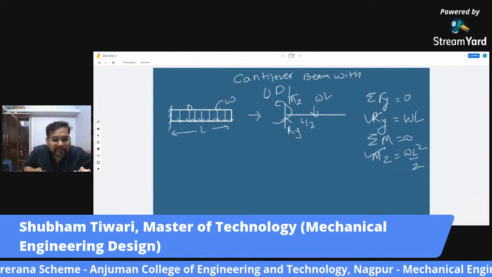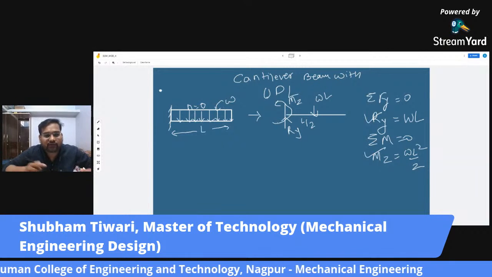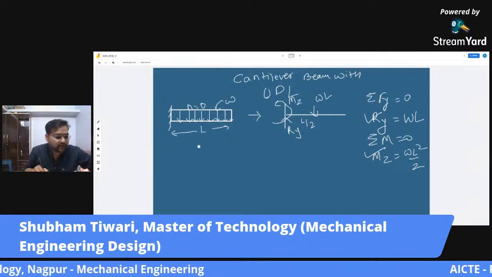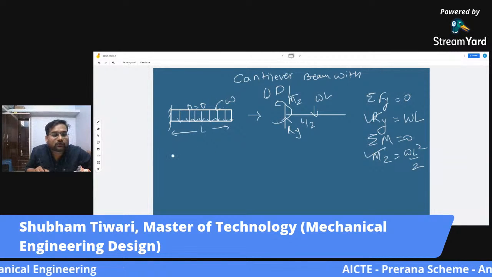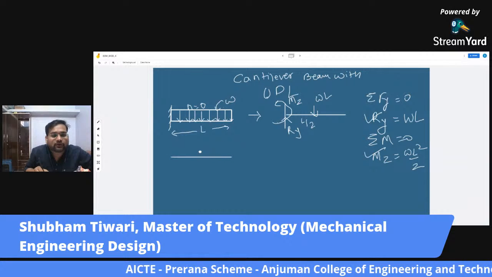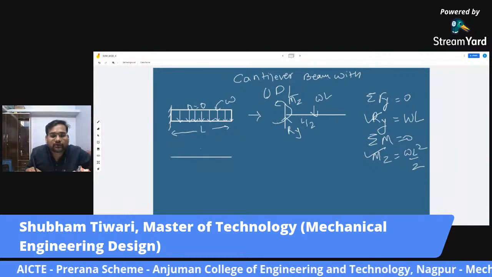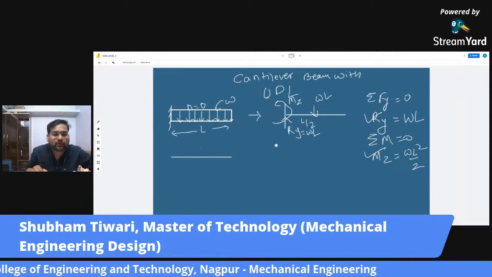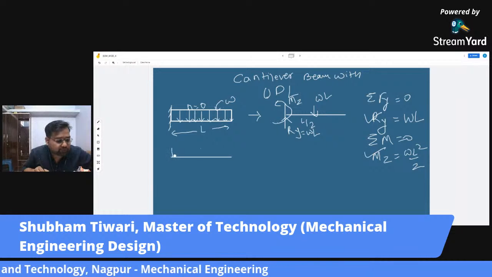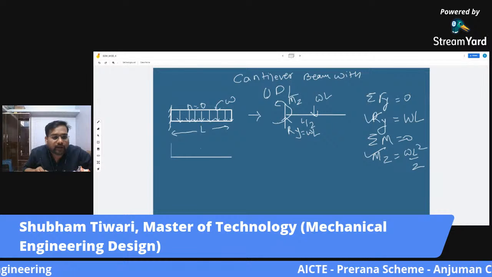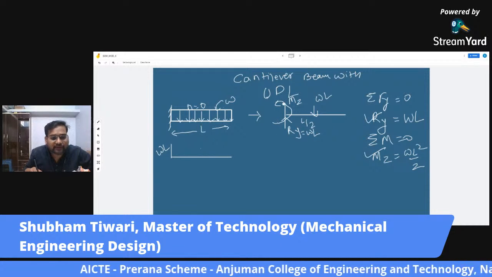Now here the degree of the load is equal to 0. So what will be the degree of the shear force diagram? It will increase by 1. At the reaction we have W into L, so it will go up by a distance W into L, because that is the nature of the reaction.